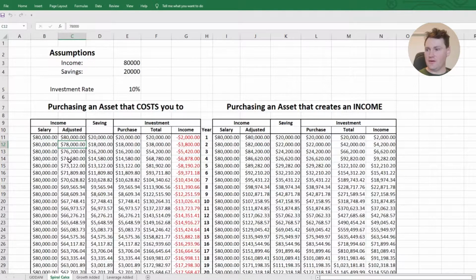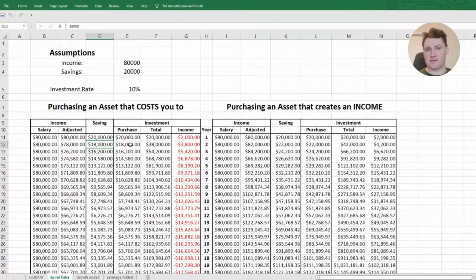Then you have to subtract the $2,000 income that it costs you to maintain your existing asset that you purchased last year. Therefore, your effective savings rate is now $20,000 minus 2, $18,000. This was discussed in the Spiral of Success video.